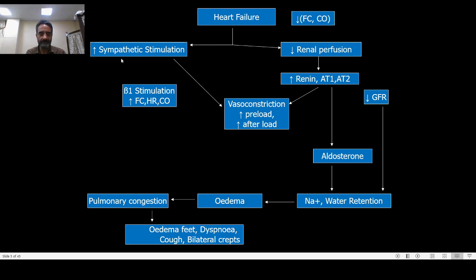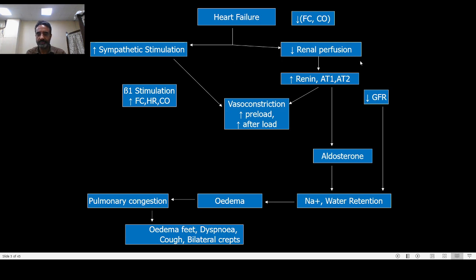On the other hand, with sympathetic stimulation there is an increase in the force of contraction and heart rate, and a tendency to increase the cardiac output, which is falling. Initially cardiac output may increase to some extent, but later on, as the heart weakens further and further, cardiac output ultimately drops further. Sympathetic stimulation also leads to vasoconstriction.